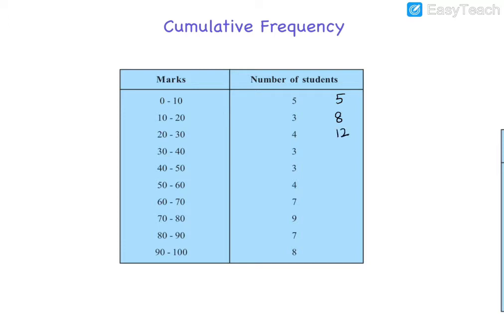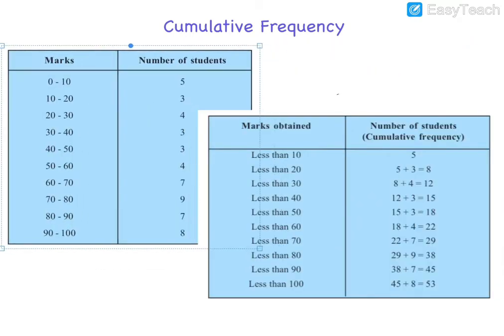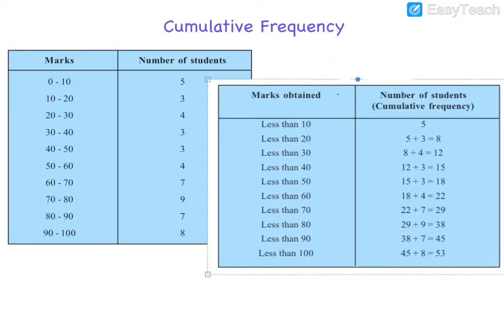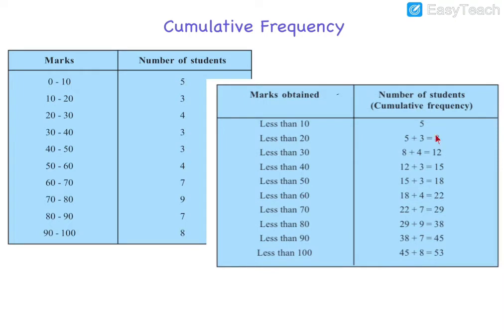These numbers are called cumulative frequencies. So the same table can be written in this manner. Likewise, we can find cumulative frequency for all class intervals.